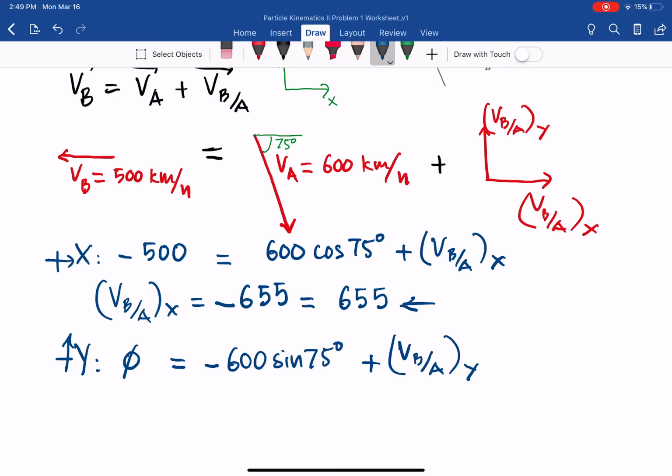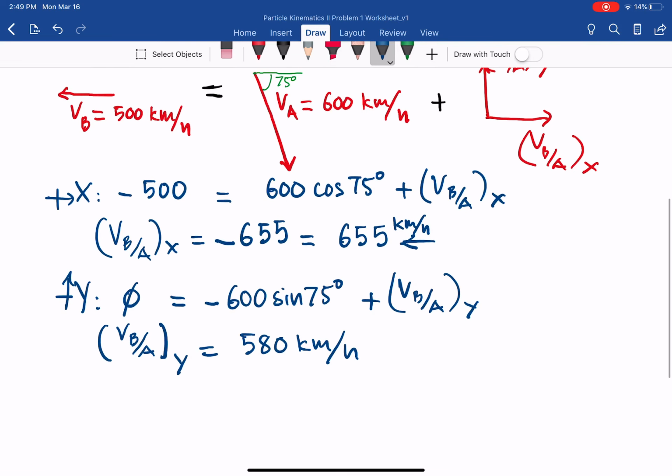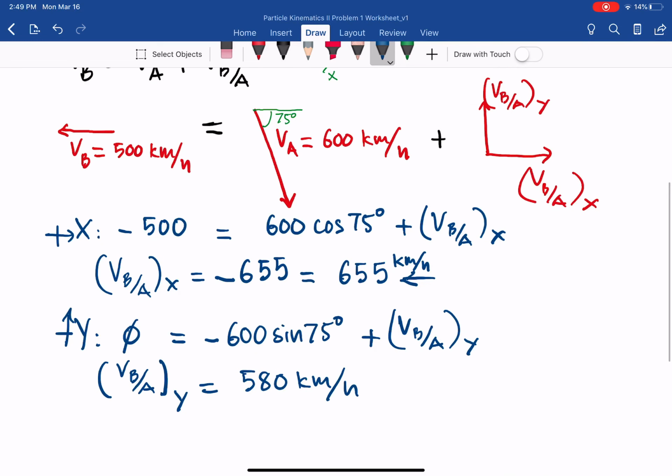So also one equation, and we can show that VB relative to A, the velocity of plane B relative to plane A in y components, is equal to 580 kilometers per hour. By the way, put here the unit kilometers per hour. And that one is positive. It means same as your assumed direction. We assumed going up in the diagram, so it is going up.